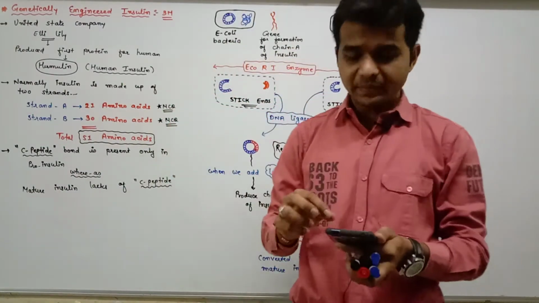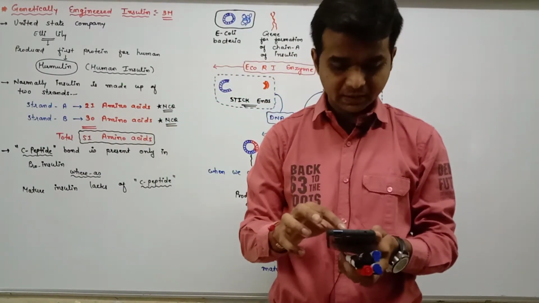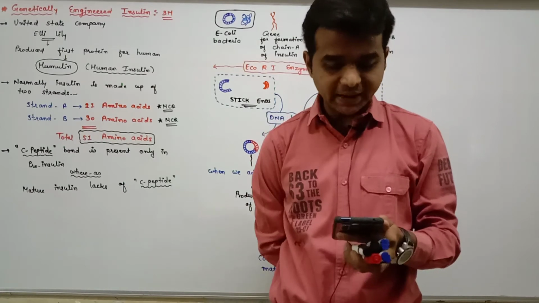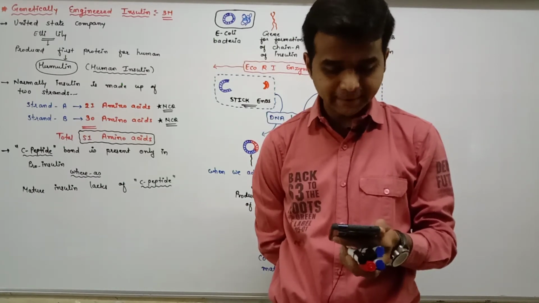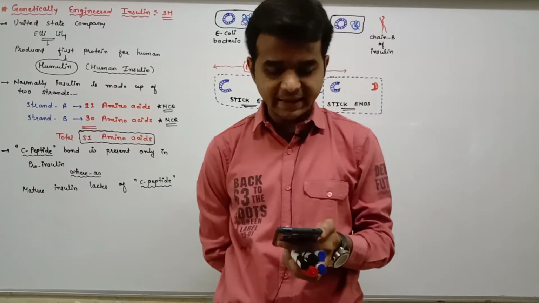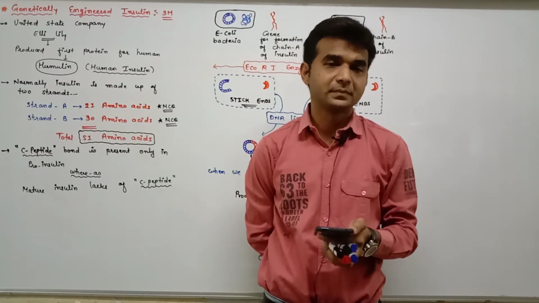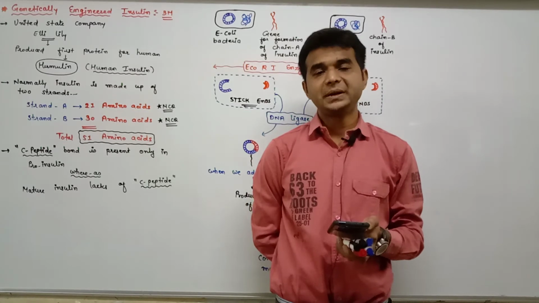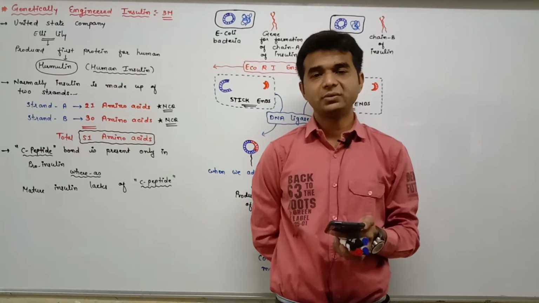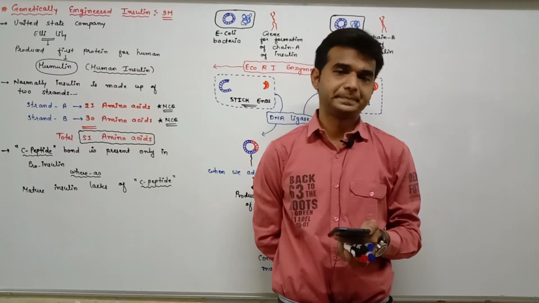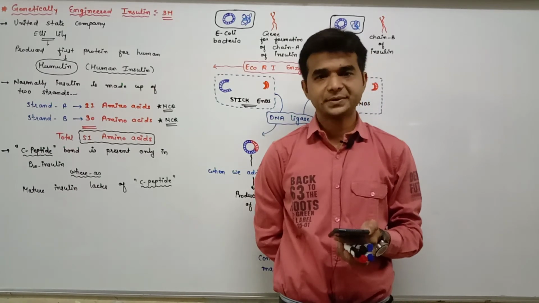Okay, let's see from the textbook. Management of adult onset diabetes is possible by taking insulin at regular time intervals. Generally, diabetic patients can take the insulin just before a meal or breakfast.